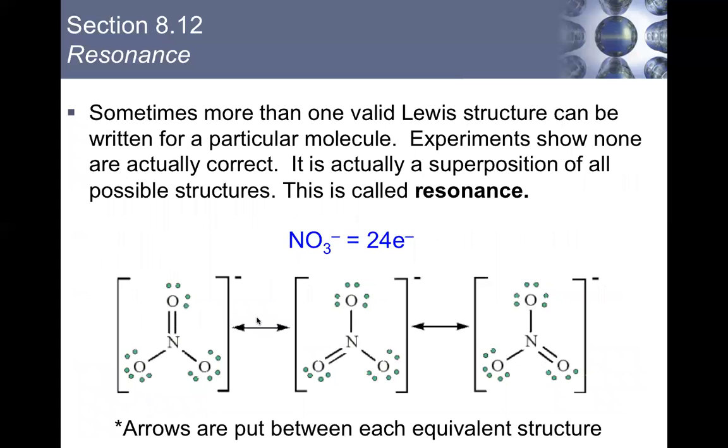So for this, you wouldn't just draw 1. You'd actually draw all 3 if it asked for resonance structures. Now, if it just said draw a Lewis dot, that's fine, just draw 1. But if it asked for the resonance structures, then you have to draw all the different possibilities for it. Okay, that makes sense.